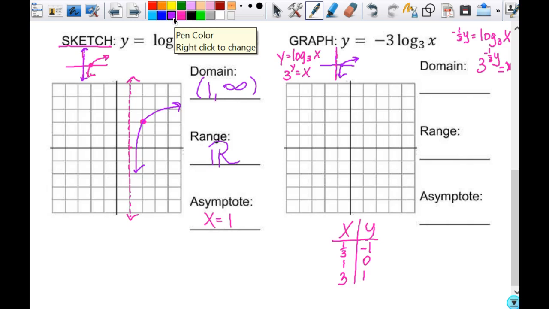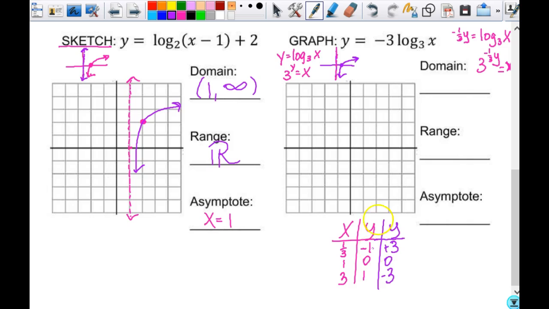Then does anything happen to the x values? Do they change at all? Anything horizontally happening here? No. So I really am just changing y. So there is a vertical stretch and a reflection, but aren't all the y values just getting multiplied by a negative 3? So if I take that negative 1 and make it a negative, that would make it a positive 3. 0 and negative 3, because I'm just multiplying each of the y values.